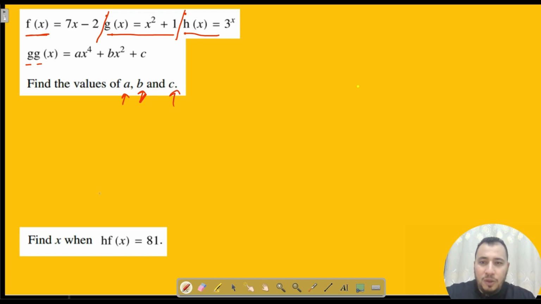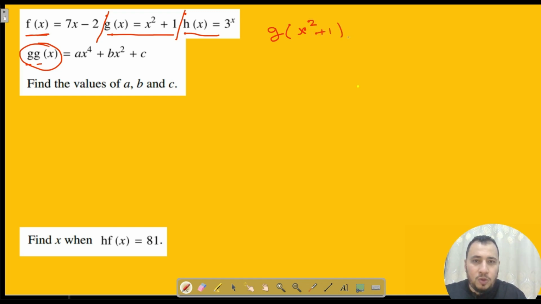How can we do that? First of all, you have to get the left-hand side and compare it with the right-hand side. Let's get g of x, which means I have g, and instead of x, I'm going to write its value, which is x squared plus 1. Equals.